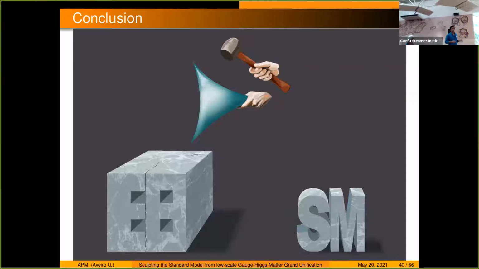Let me conclude with the picture that we have: we found the lines to scope the standard model from an E8 block, and emergent from here we have a low-scale unification picture, which, to the best of our knowledge, is the first complete theory that has this feature embedded with stable proton decay. So thank you very much for your attention.